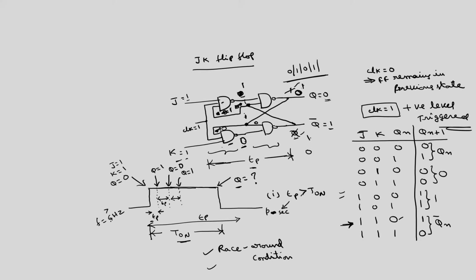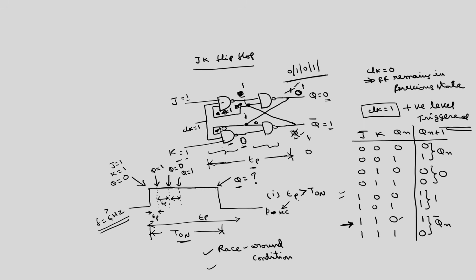It becomes difficult to design such high frequencies in IC form. Nowadays you have a lot of technologies, but at that time this problem was there. So, this is only a theoretical solution. The second one is, we can use edge triggered flip flop.